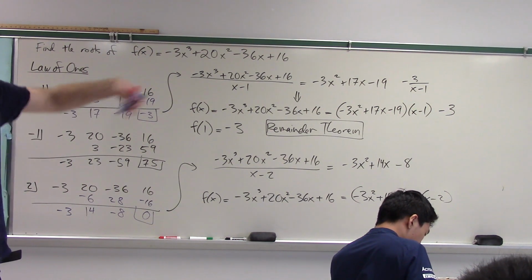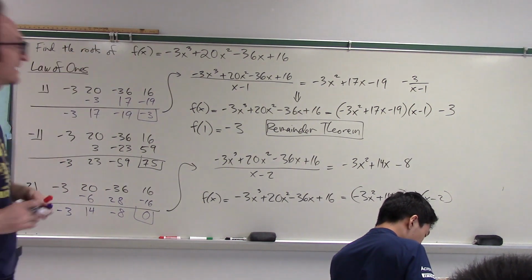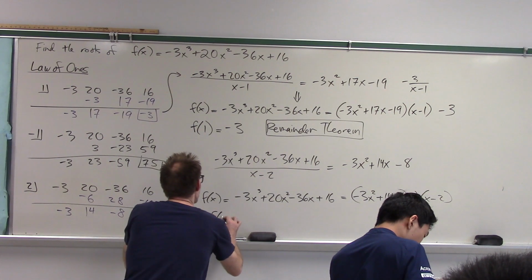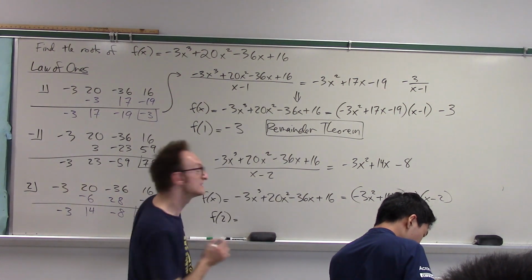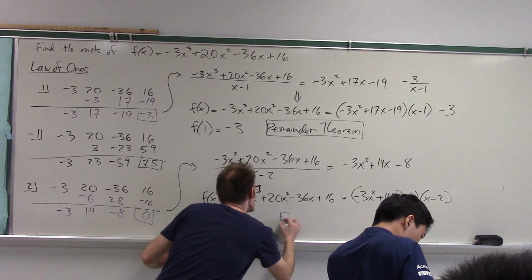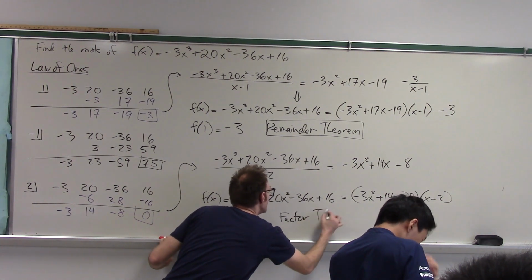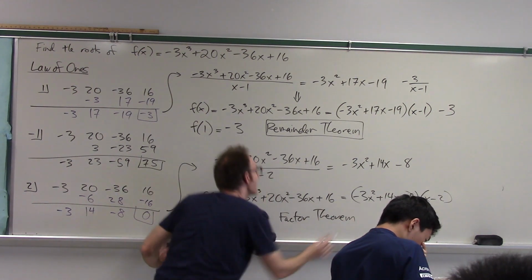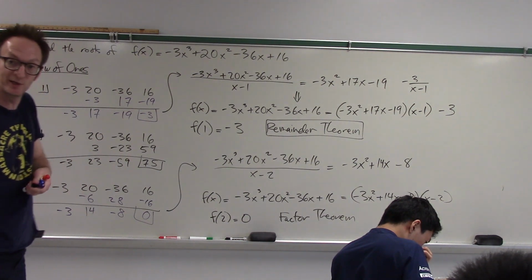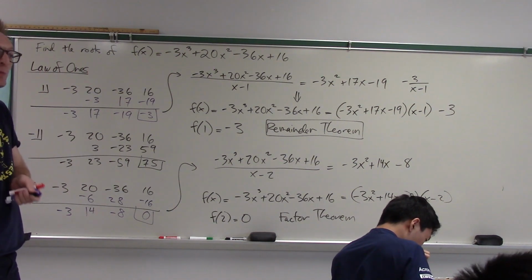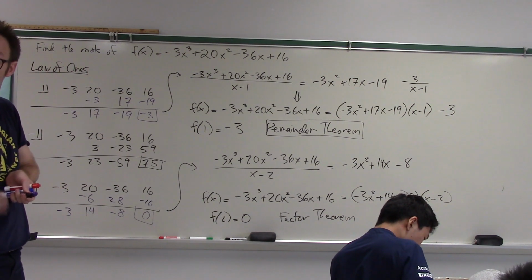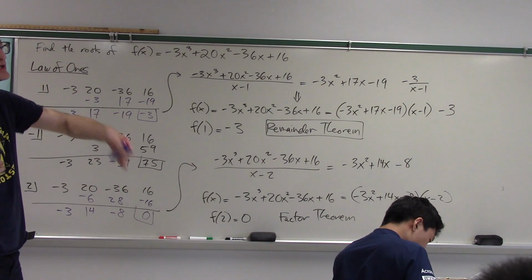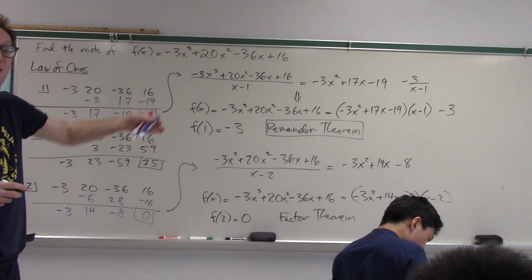And since x minus 2 is a factor, since it goes in evenly, then what is f of 2? 0. This is known as the factor theorem. The factor theorem says that if a number like 2 is a root of a polynomial, then x minus 2 must be a factor of that polynomial.